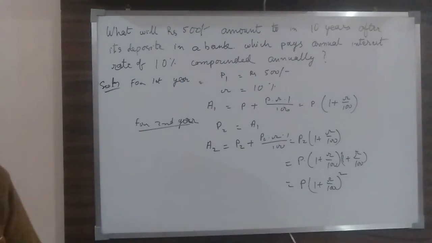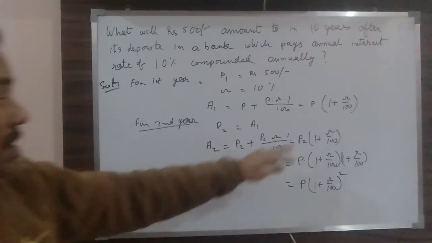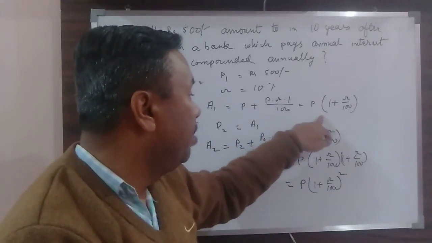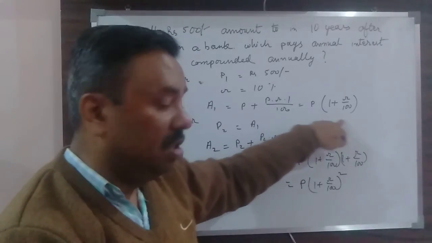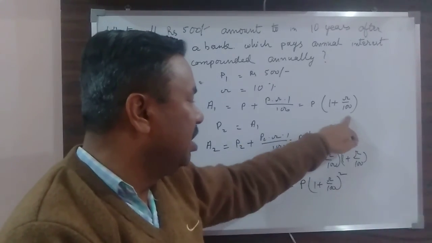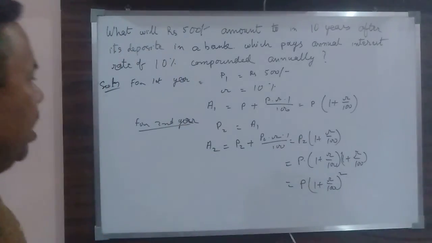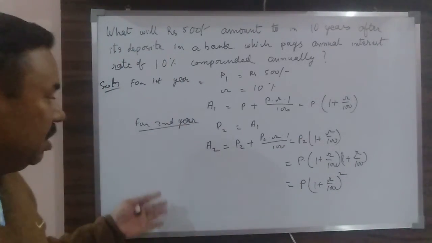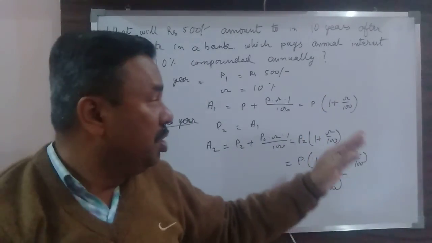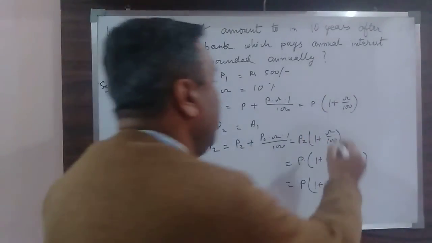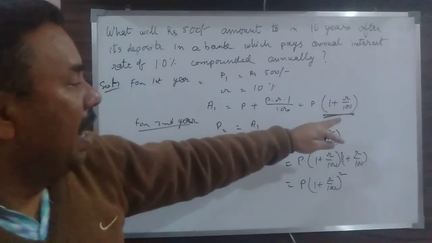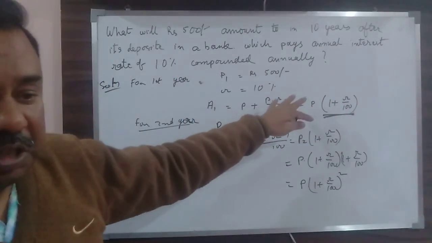Okay, so what you see is, the first amount was obtained by multiplying by this factor, and the next amount I just multiplied by this factor again. If you go on finding the amount after 3 years, after 4 years, you will see that on each step you are multiplying by the same factor. So this is the common ratio, and this complete term is the first term.